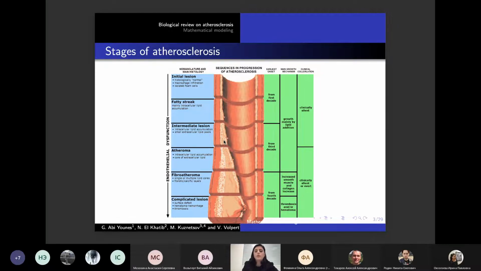This is due to overlapping risk factors such as hypertension, smoking, diabetes, obesity, and many other risk factors. The onset of atherosclerosis starts in childhood and then progresses in time. An initial lesion may become an advanced lesion that causes major complications such as stroke, aneurysm, and heart attack.